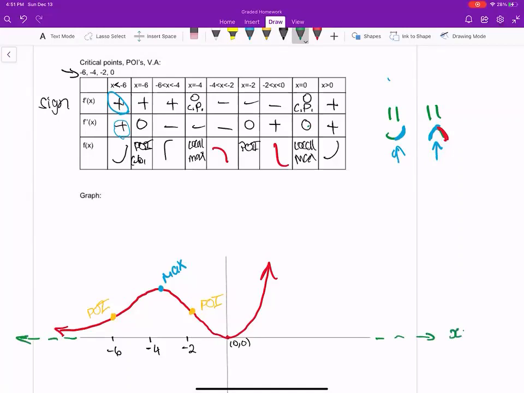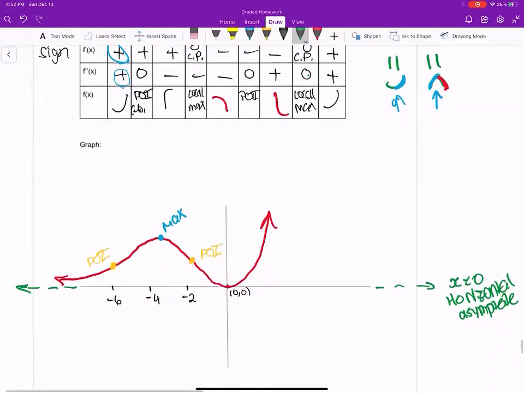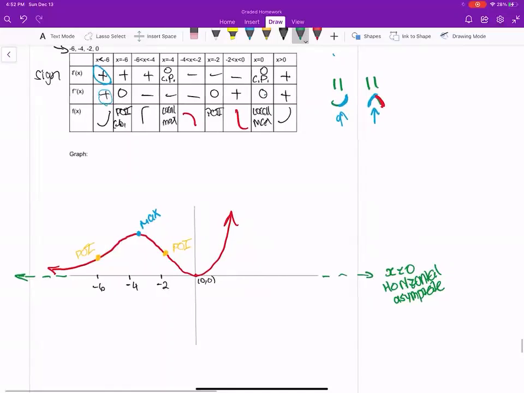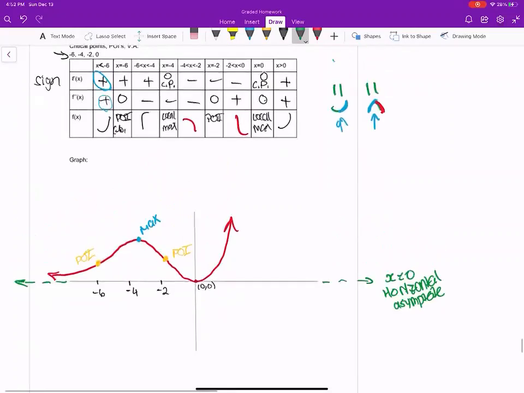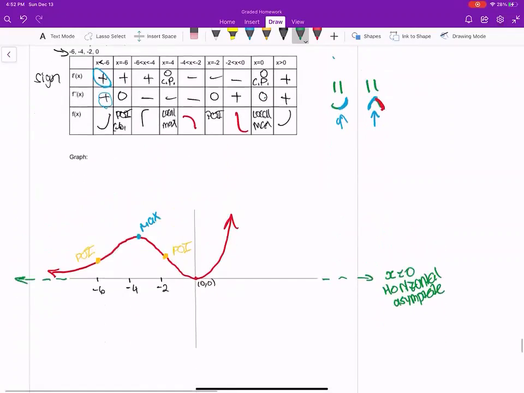X equals 0. Asymptote. So that's generally how the shape of your graph should look. Do you guys understand the smiley face idea?